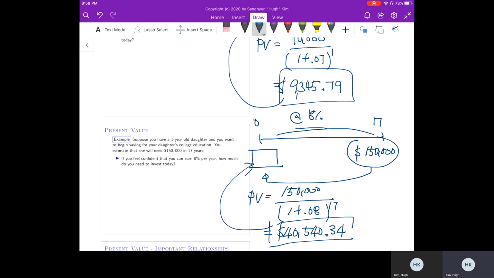That's how much you need to invest today in order to have $150,000. So that's the present value. The process of getting the present value is called discounting.